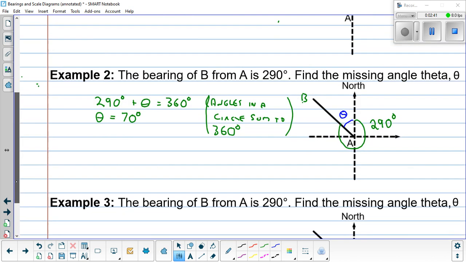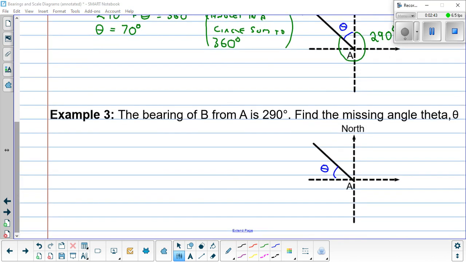Then last example we're going to go through. So the bearing of B from A is 290 degrees. Again, find the missing angle theta. So it's just the opposite angle we're kind of looking for to what we had before. When you have questions, they sometimes might link together, so look at where you can take little shortcuts. We know that 90 degrees is equal to our answer from the last one plus this new angle theta, so theta is equal to 20 degrees.